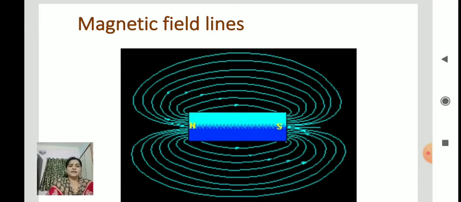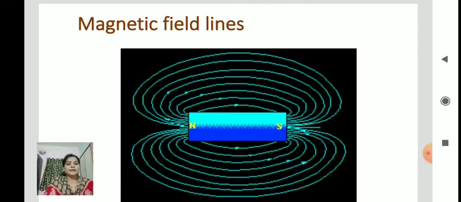These field lines can be visualized. So magnetic field lines are nothing but the visual, intuitive realization of the magnetic field.